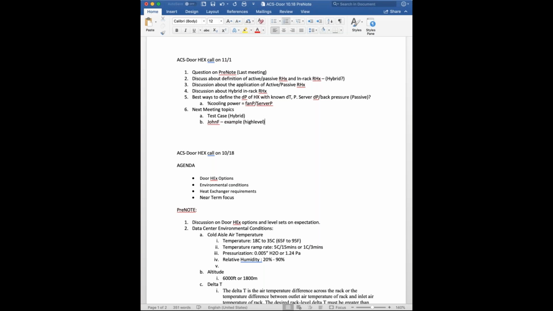Agreed. The only thing you always have to remember is that the resistance of a coil will be in square root to the pressure drop. So the slower the air, your pressure drop will significantly be better. Just out of curiosity, if we look at the pressure drop of the server and the pressure drop of the heat exchanger, how does the pressure drop compare?